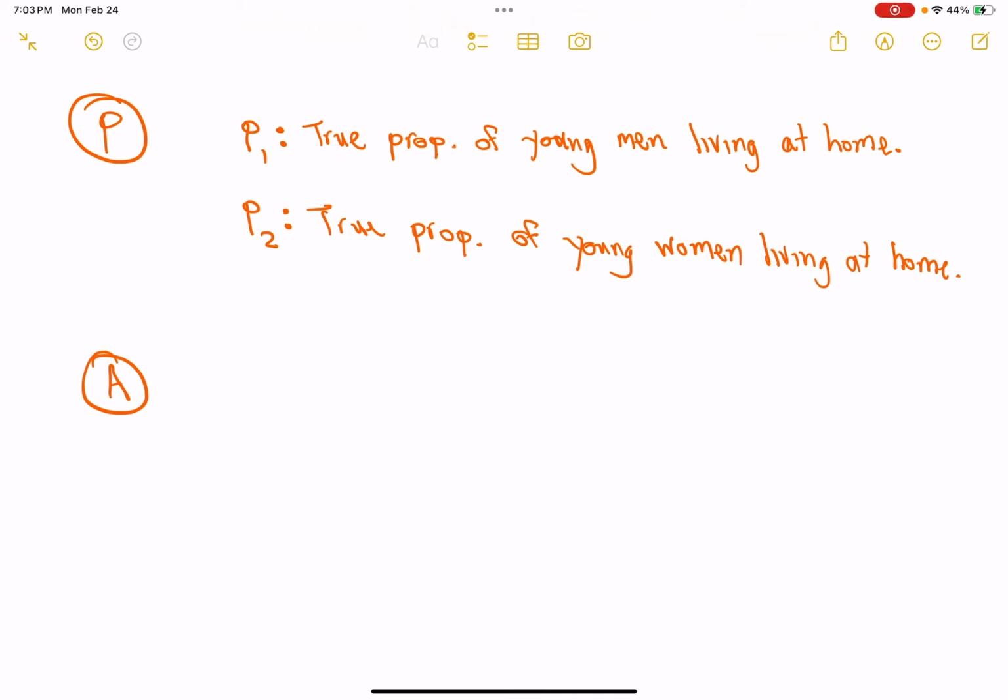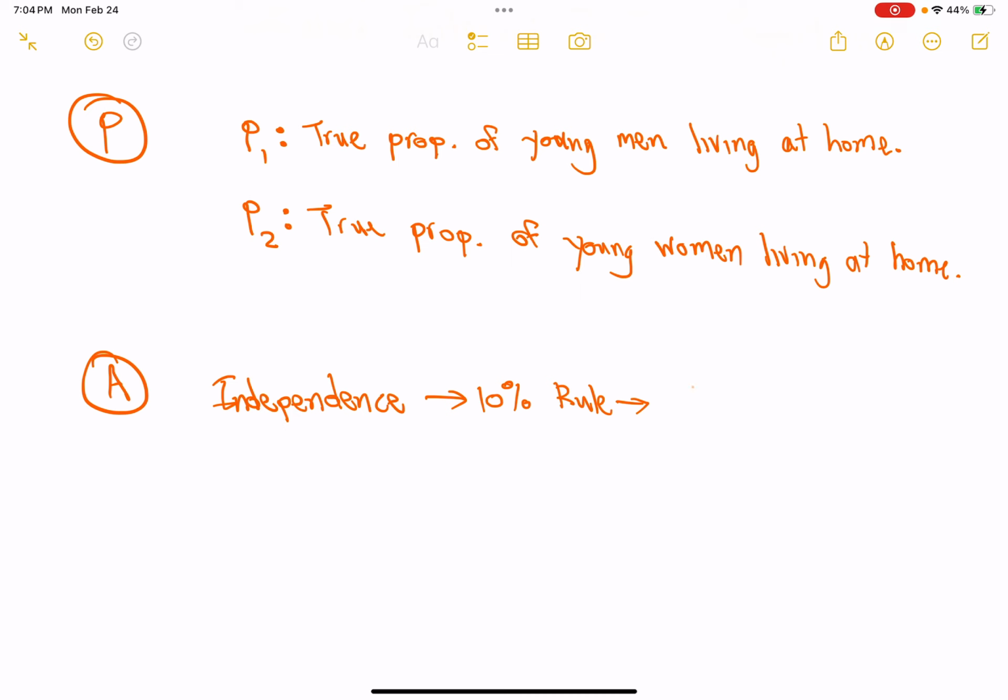My assumptions. Now you remember assumptions. These are the same assumptions we had for confidence intervals for one sample proportion. The first one is independence. Now how do we know they're independent? We need the 10% rule. And what that's going to look like in this case is twofold.